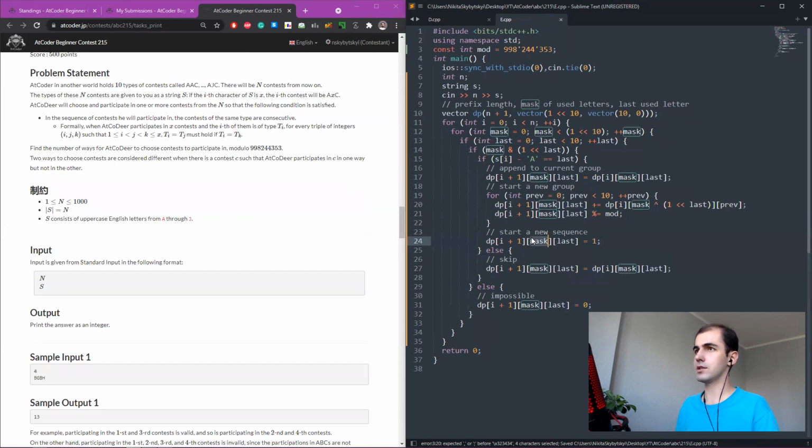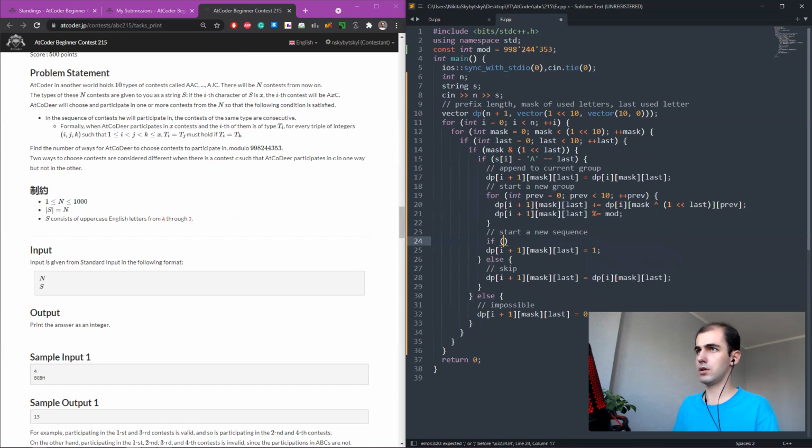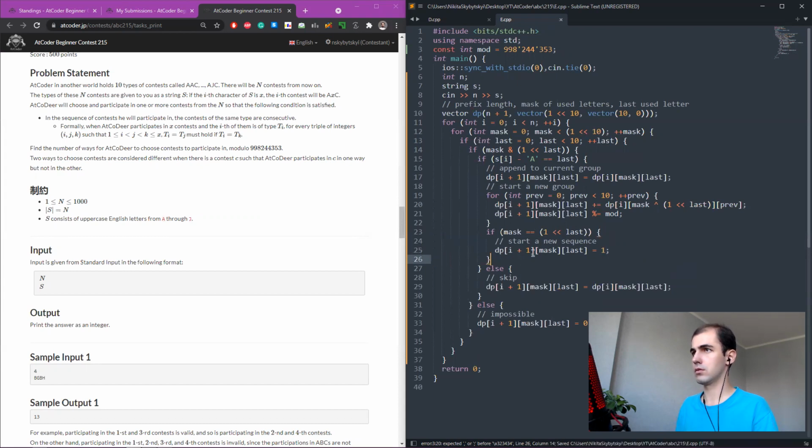This is only possible if mask is equal to last. If mask is equal to this, probably like this.